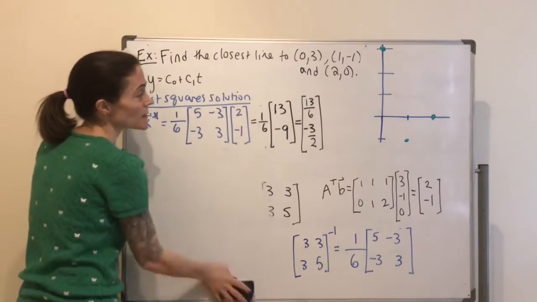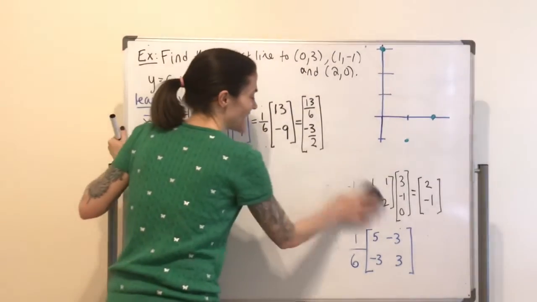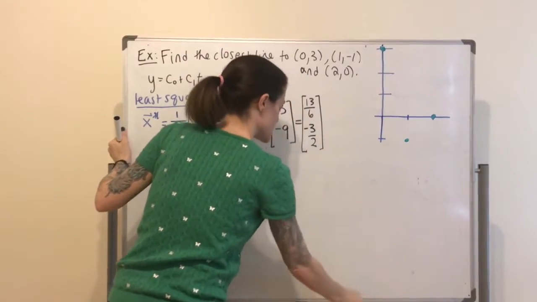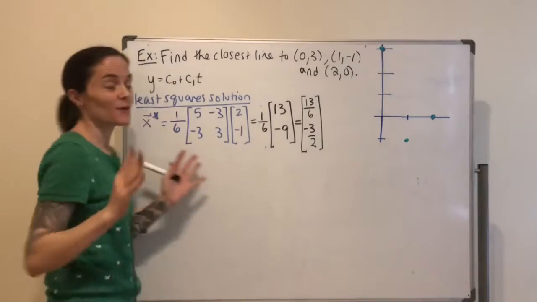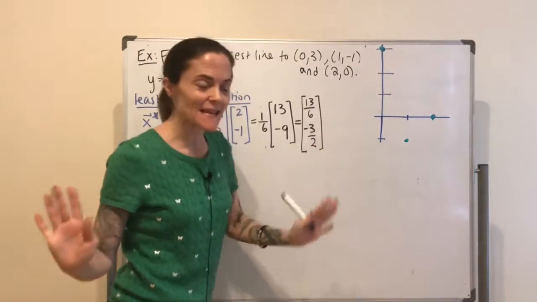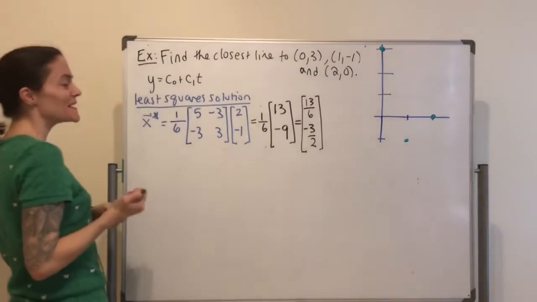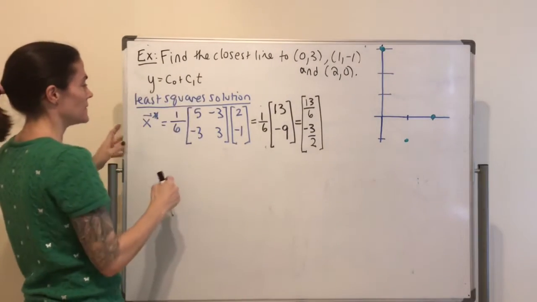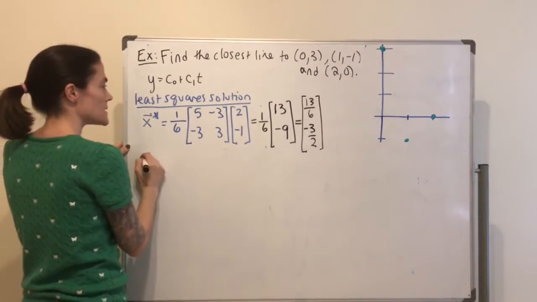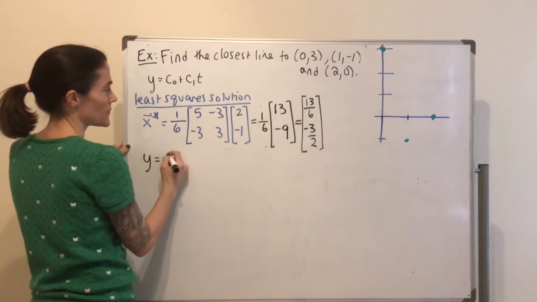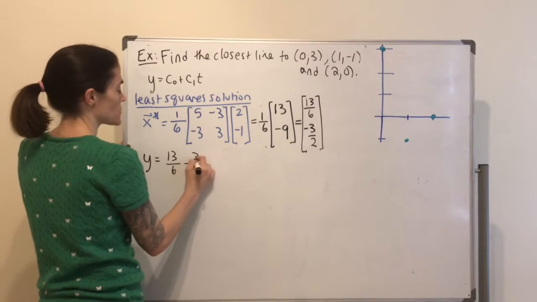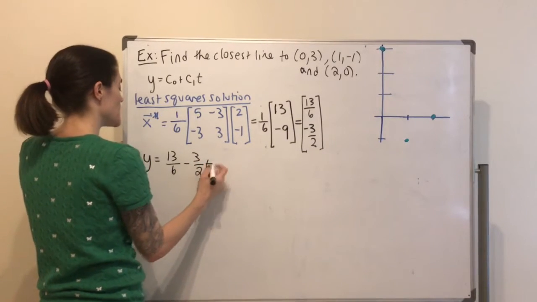Now let's write the polynomial, and we will talk about the error part of this because it's not polynomial. Well, it is a polynomial. I meant to say let's write the line. We'll do a quadratic at the end of today, but right now it's a line. Okay, so the line is y is 13 over 6 minus 3/2 t.